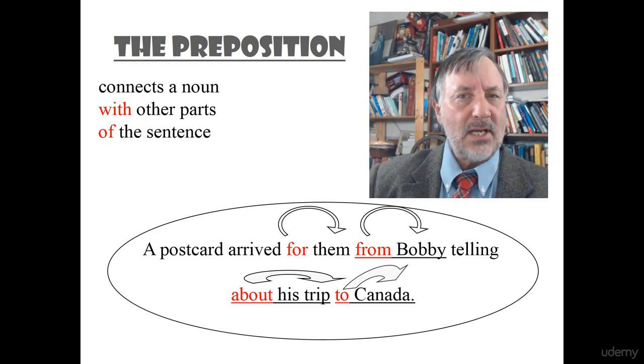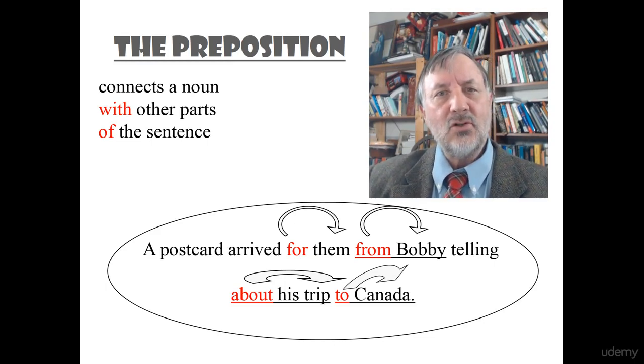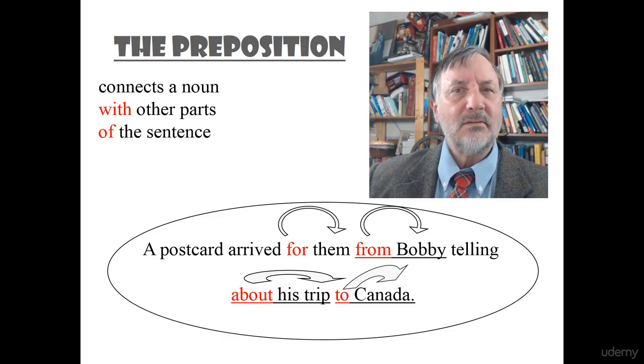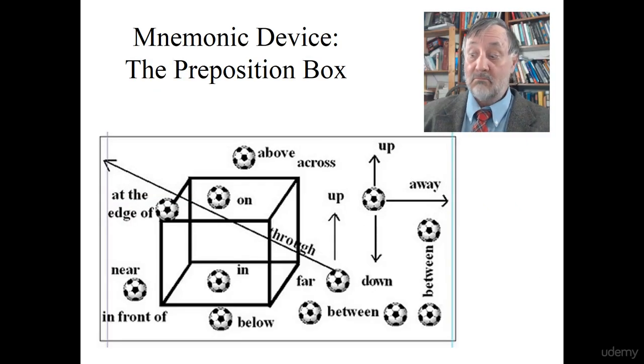On the next slide, I'll introduce you to a mnemonic device that will help you remember the preposition. So this is it right here, the preposition box. This is the mnemonic device that should help you remember what a preposition is. It's a little word that helps you orient yourself to, or in relationship to, the box.